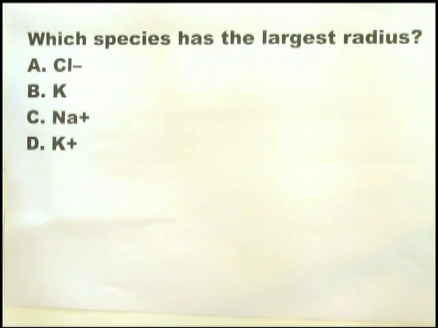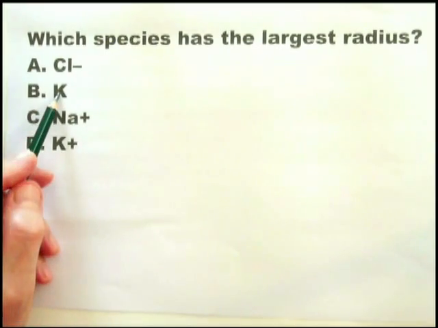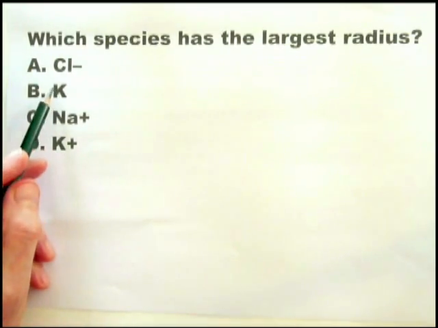You are given the periodic table, which has the atomic masses and the atomic numbers in it. You're not given the periodic table which has the radii, either the atomic radii or the ionic radii. So you just have to know the answer to this, and the obvious answer is K, because K has the extra electron orbit.